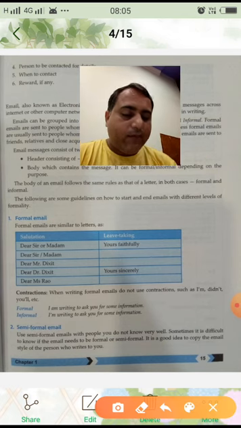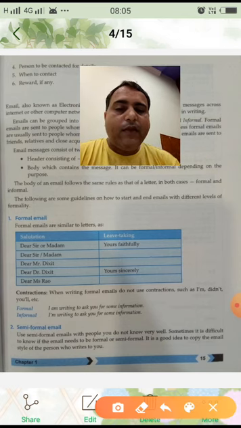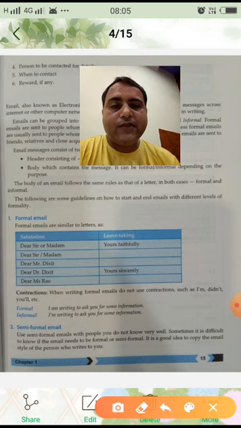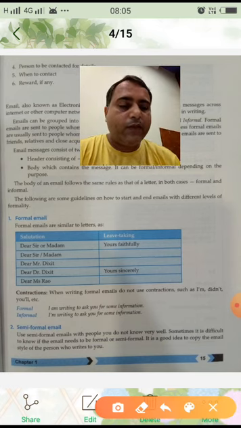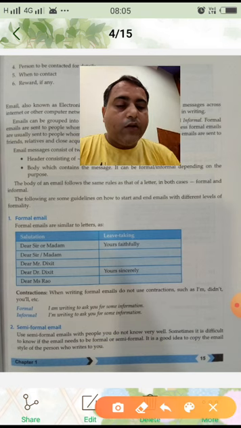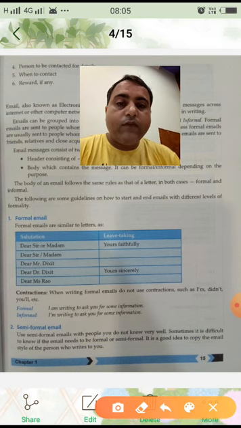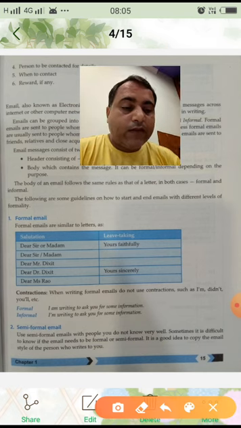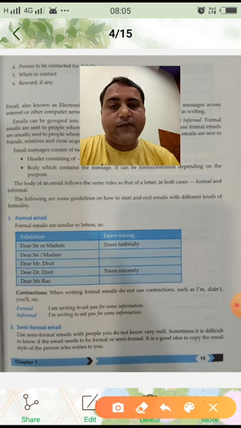Okay, now point number two is given, that is the semi-formal email. Now semi-formal emails, as we have discussed just now, are written to people whom we know a little bit, or to our colleagues, or if the writer knows the receiver of the email.